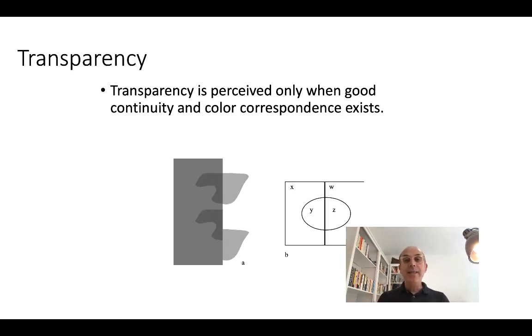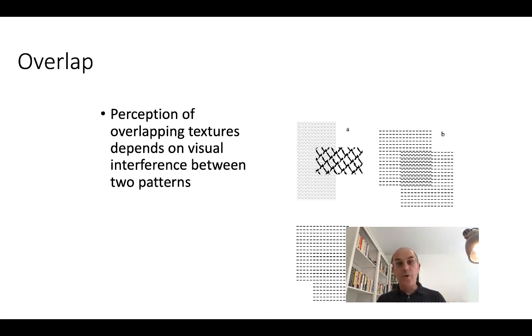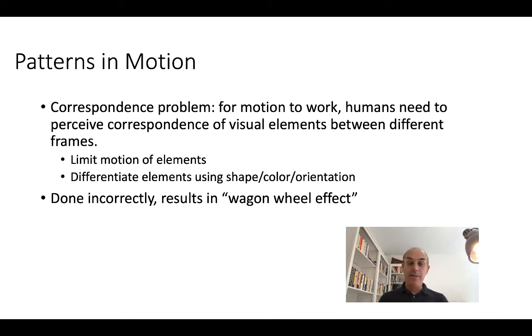Transparency is the idea of good continuity and color correspondence, and this is something that we will learn to do throughout the semester. Overlap is another design platform that we can use, and again two patterns can be combined in order to show some similarity.